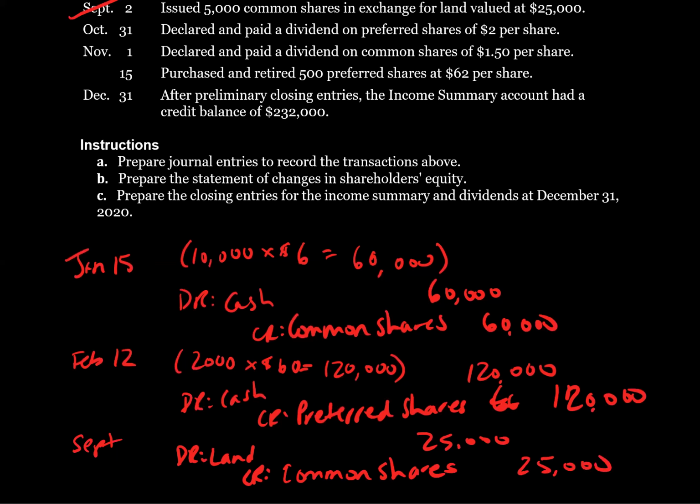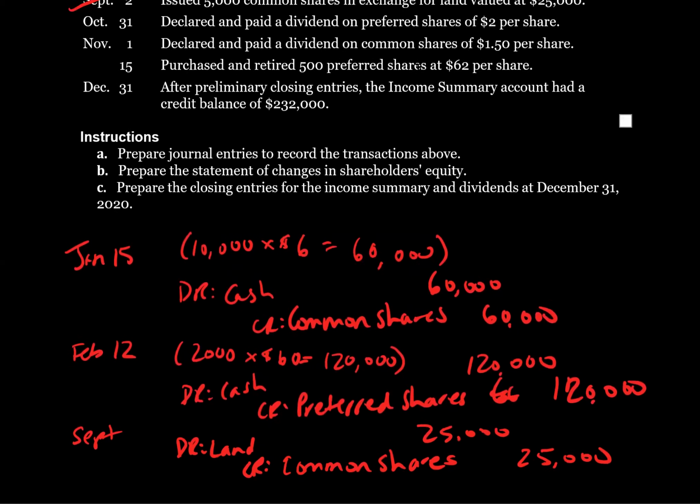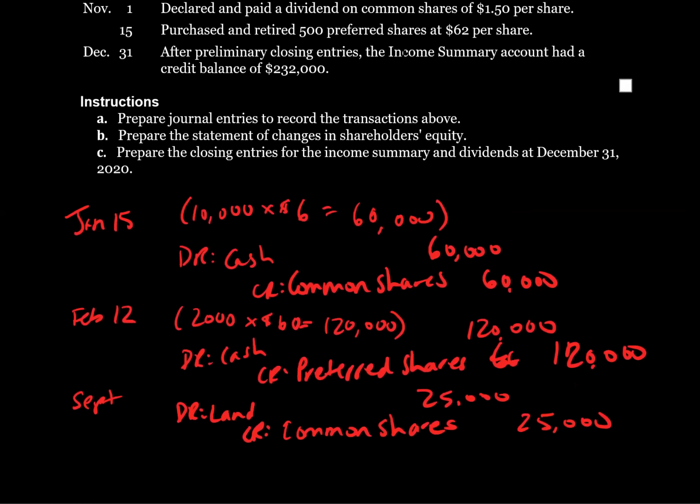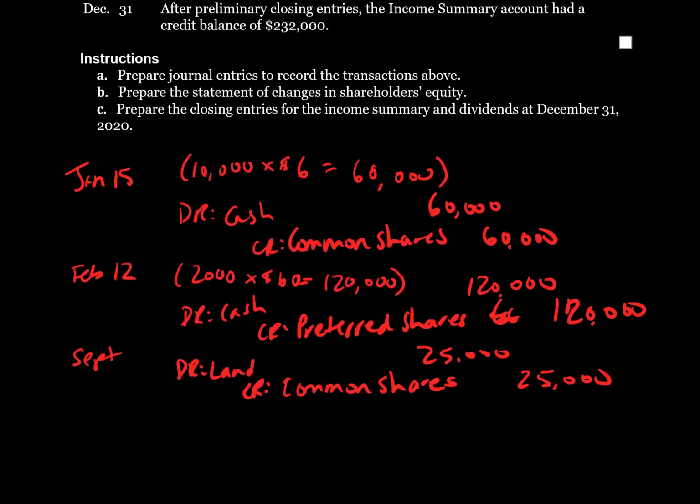That one. October 1st, we're going to declare and pay a dividend on preferred shares at $2 per share. So let's go October 31st. We're going to debit dividend and credit cash.